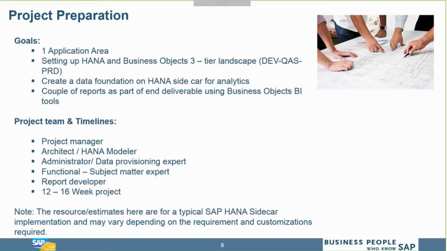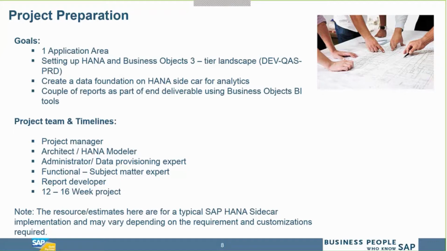From a project team and timelines perspective, we generally have a project manager, an architect, and a HANA modeler. Then we also have an administrator who will also be a data provisioning expert, whether it comes to SLT for replicating or ETL for data services. One of the important persons in the team would be your functional SME.